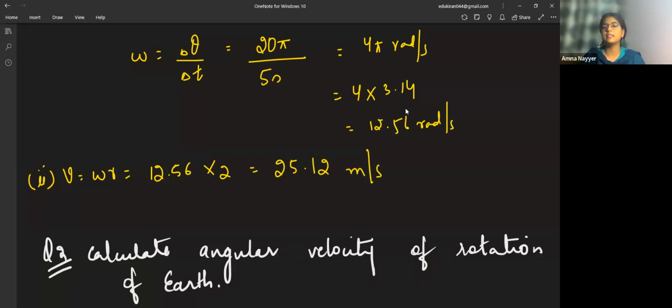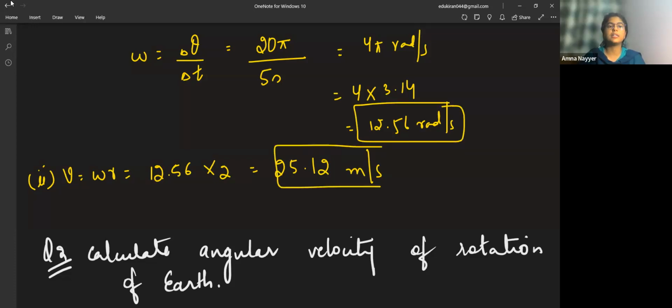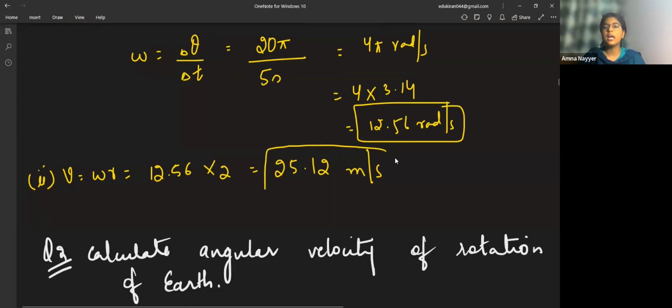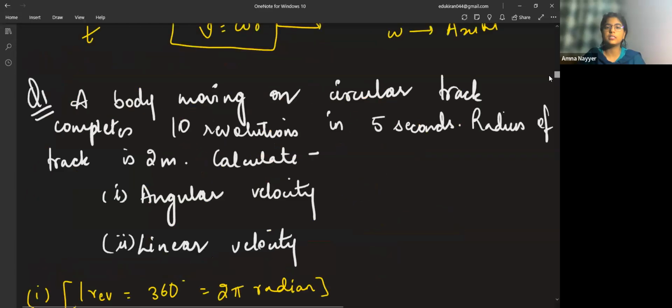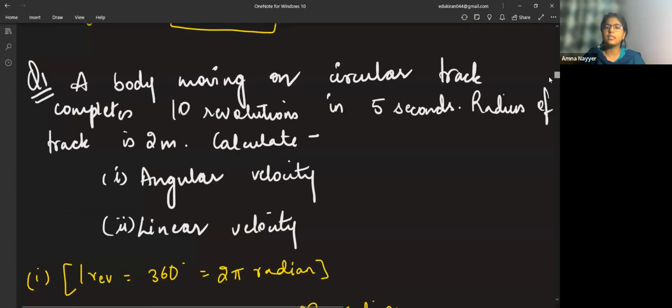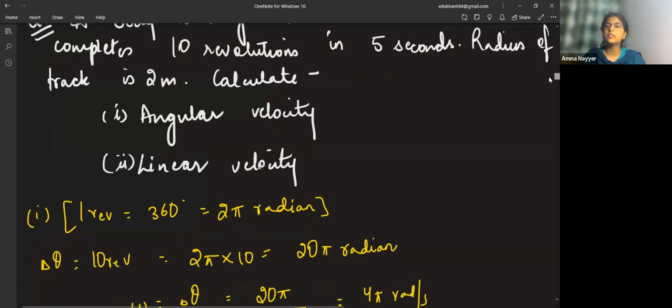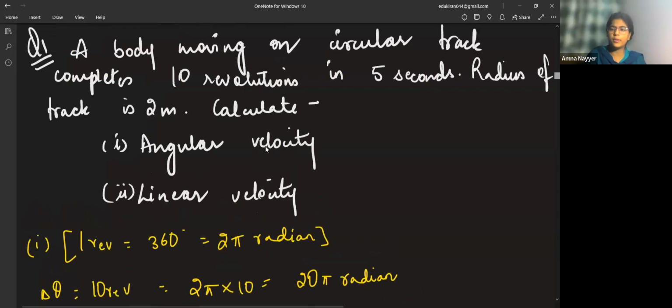This is the answer for the second part, and 12.56 radian per second is the answer for the first part. So whenever you have angular velocity and radius, try to relate them with this relation. Fine, note it down. Some more questions we will see.